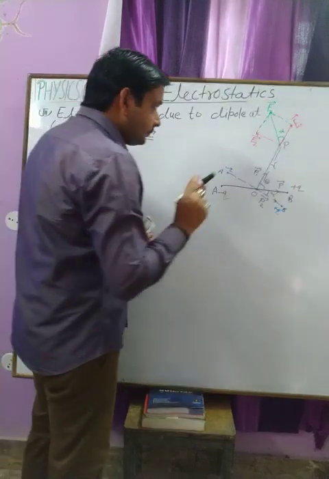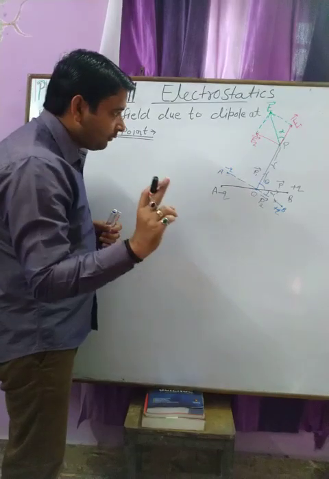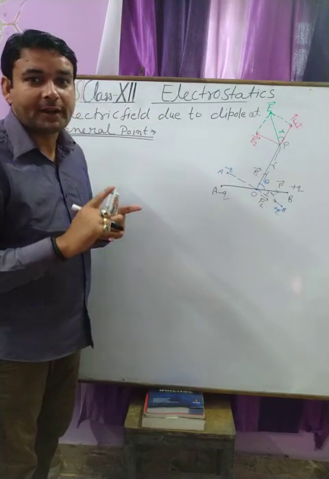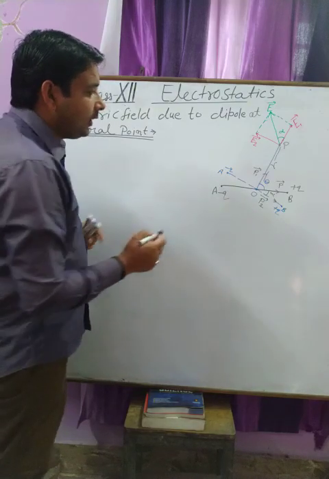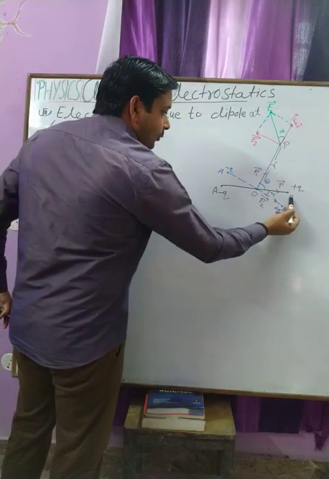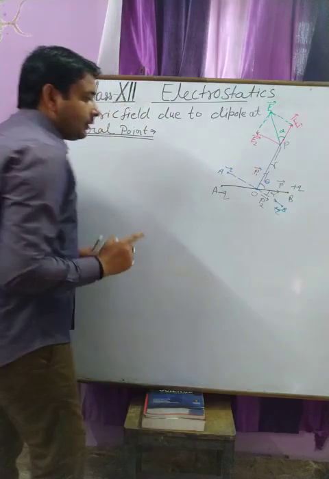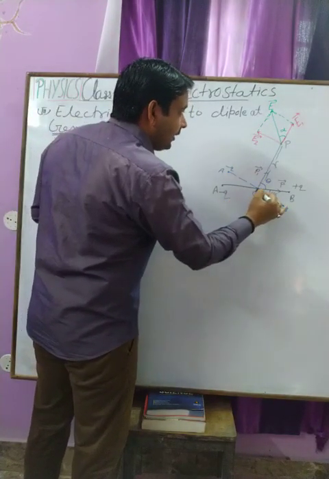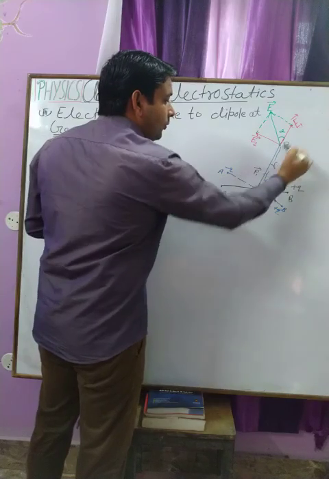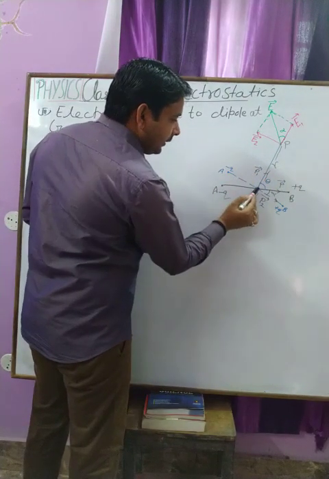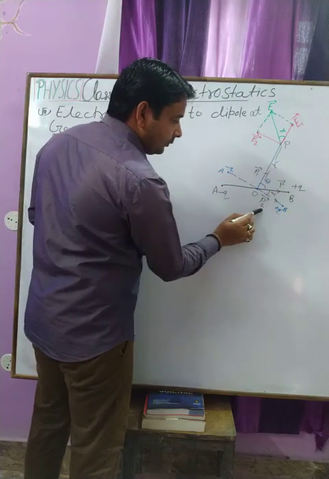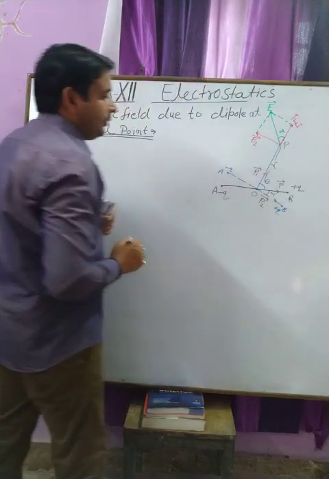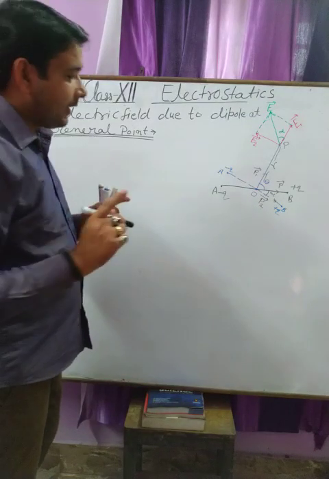So we can resolve this vector, or we can use the rectangular vector components of this electric dipole moment P. Now we take P1 in the direction of OP and the dipole moment P2 in the direction of OB, which is its actual direction.